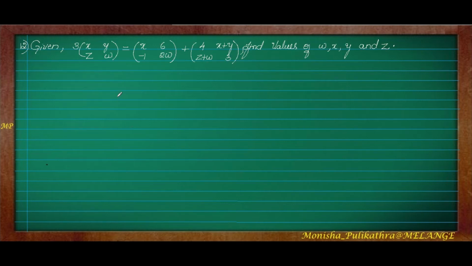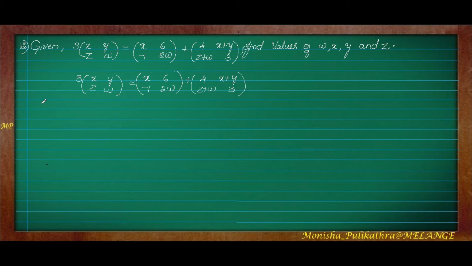Moving on to the 12th question. Here we have to find out the value of w, x, y and z. I'll be writing the question. That is 3 into x, y, z and w is equal to x, 6, minus 1 and 2w plus 4, x plus y, z plus w and 3.